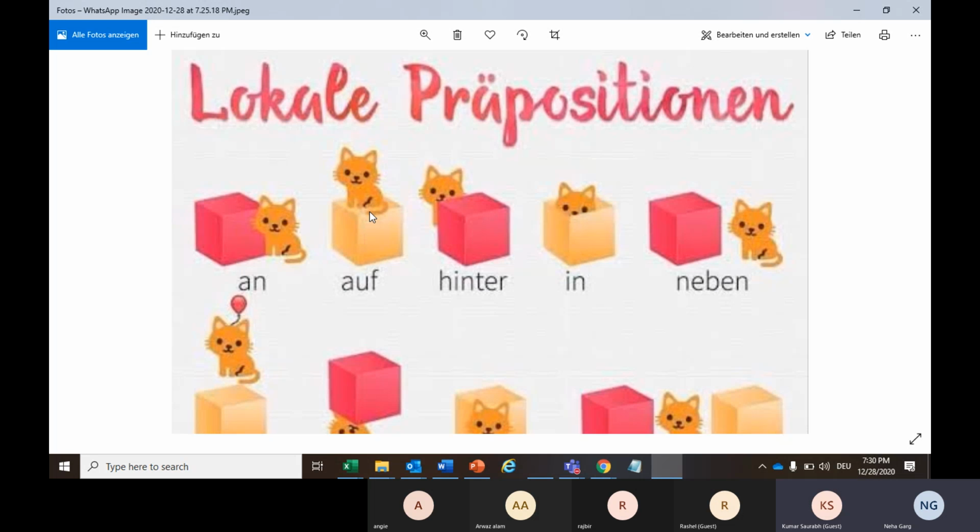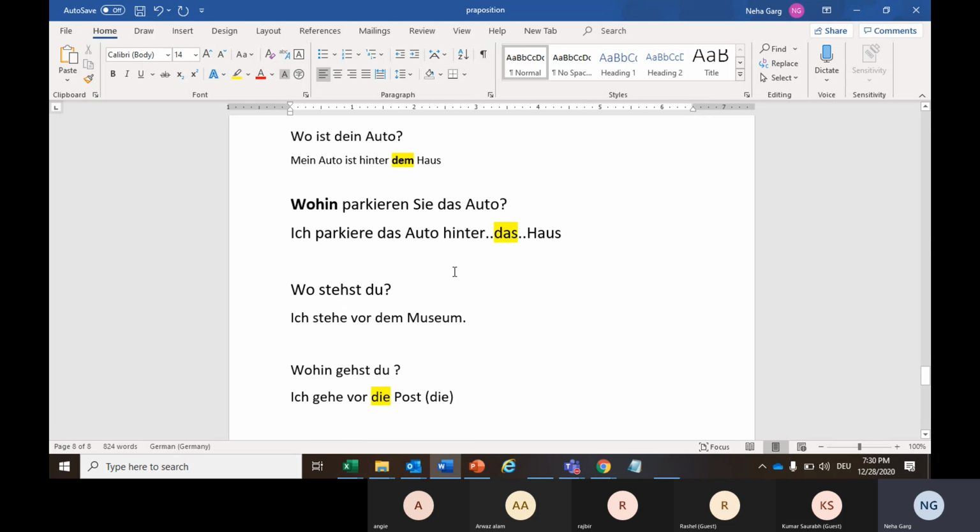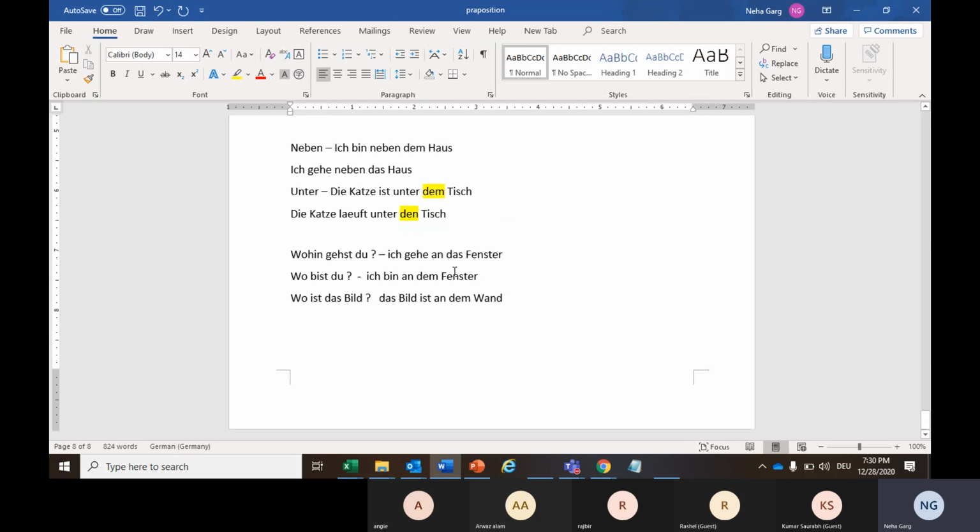It's not at the side, but on top of it. Wie zum Beispiel, there are some examples actually. Okay. Wohin sitzt die Katze?